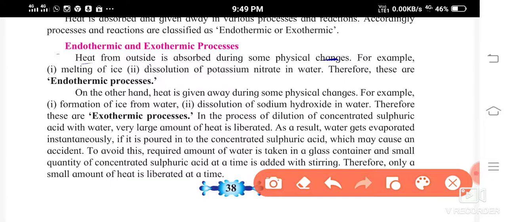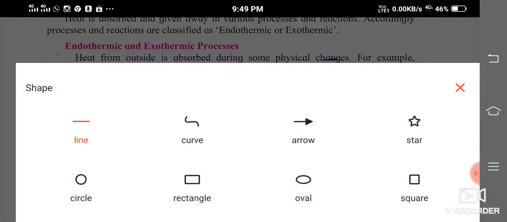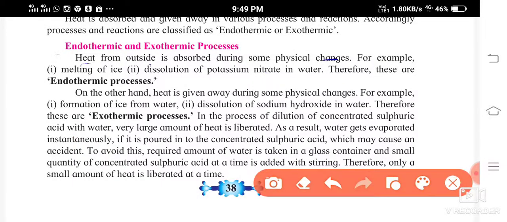For example, when ice melts, it uses the heat from outside, and therefore it melts. Then dissolution of potassium nitrate in water: you take some potassium nitrate in a test tube, add water to it, and touch the test tube.